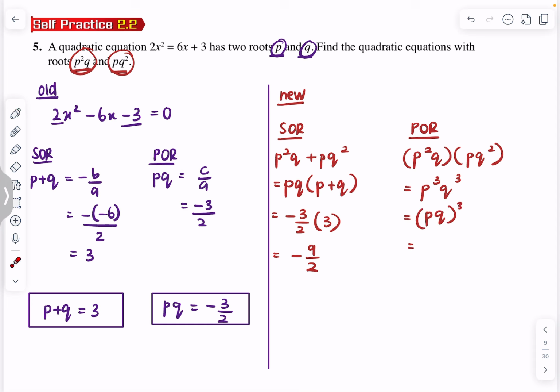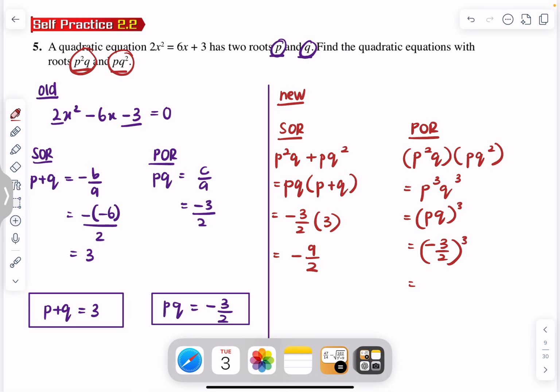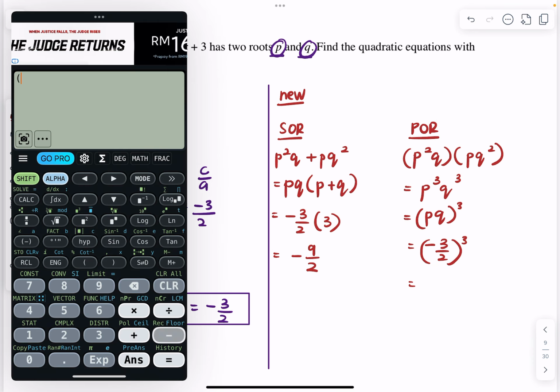So you know pq is this. So negative 3 over 2 cubed. Negative 27 over 8.